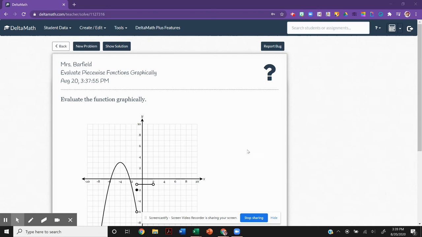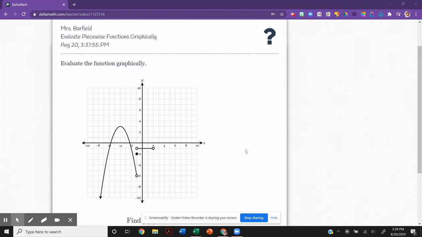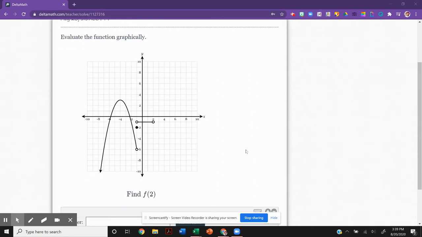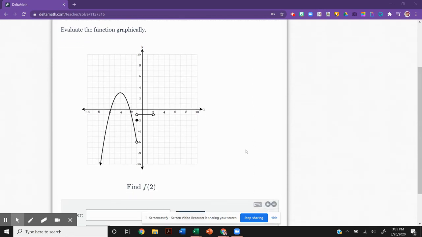All right. So what you've got here is it says evaluate piecewise functions graphically. It says to evaluate the function, and you've been given a picture. This is actually really super simple once you understand what you're looking at.